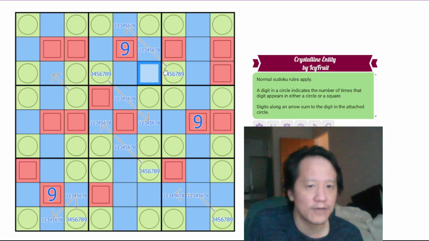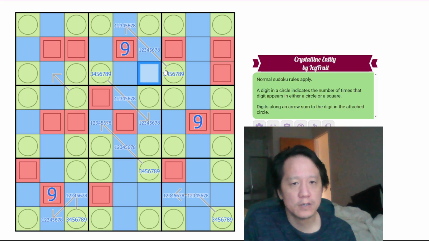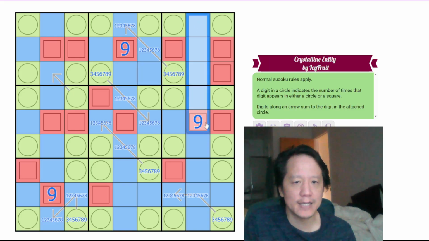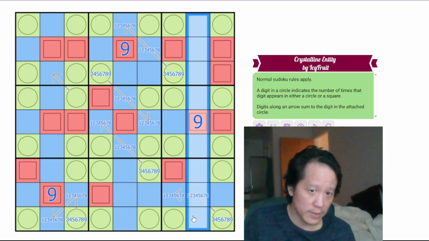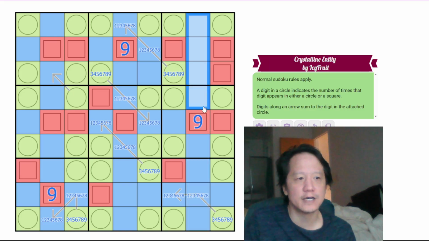Where does 8 have to be? 8 cannot be in column 8. That means the missing 8 that's not in a circle or square has to be in column 8.